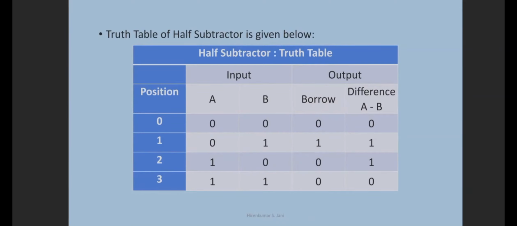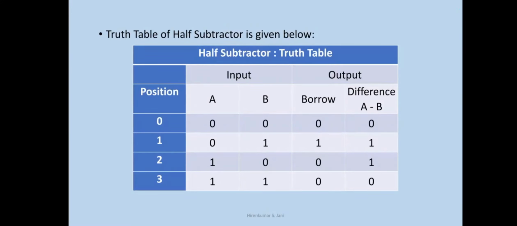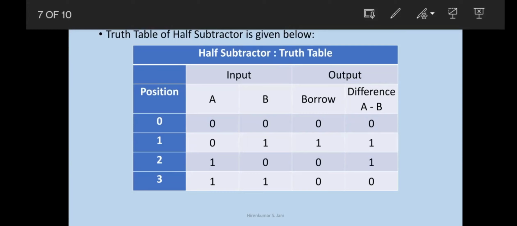We can make a K-map for borrow and difference from this table. Let us go for the first one. The first one is the difference. We can concentrate on 1 for the difference. So, here for the difference we will have 1 over here.